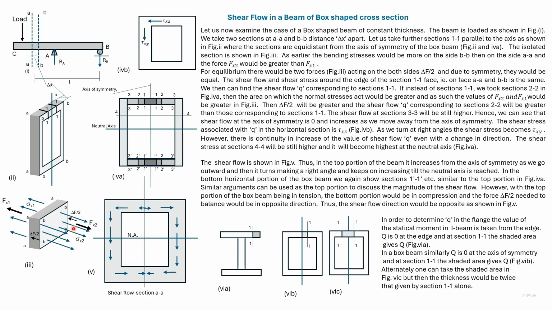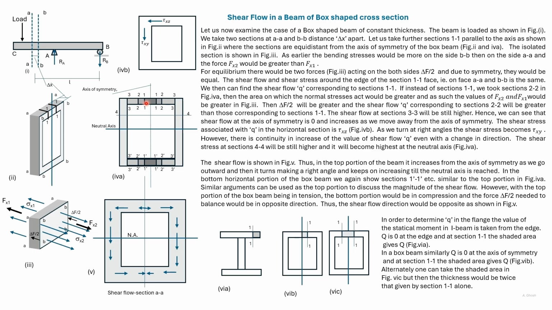So if the difference is del F, then there will be force del F by 2 acting on this side and del F by 2 will act on the other side. Due to shear stress acting on this face, there will be shear stress acting on the faces of BB and AA.